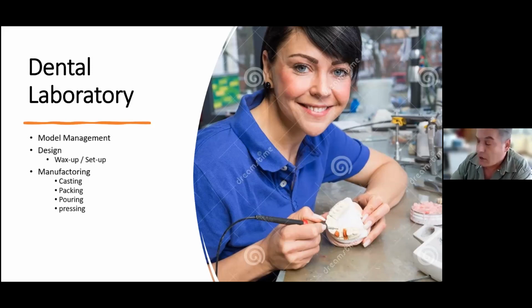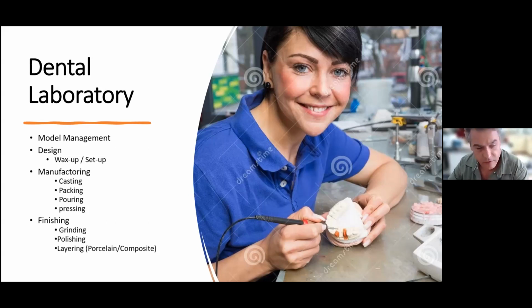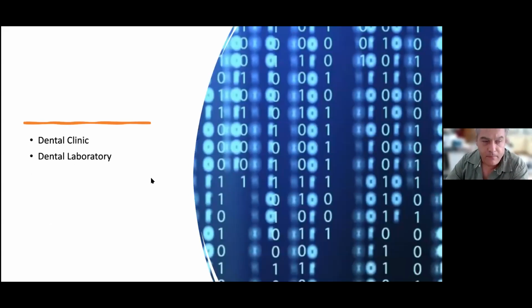If we do a crown, then of course we have to cast after. If we do a denture, maybe you pack it in a flask, or you work with a silicone overcast and pour it in, or if you use E.max or something like this, you have to press it. So it's always a way where you design first and manufacture after, and then you finish with grinding, polishing, and layering.